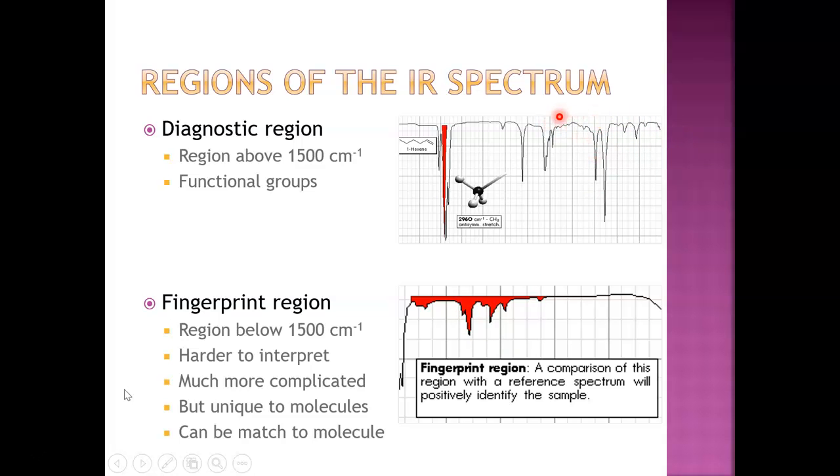Here it already starts the fingerprint region, but there are still informative peaks. It is much more complicated compared to the diagnostic region, but it is unique to the molecule. Some molecules can have additional information from the fingerprint peaks, and it can be matched to the molecule. It can help us identify similar types of molecules.